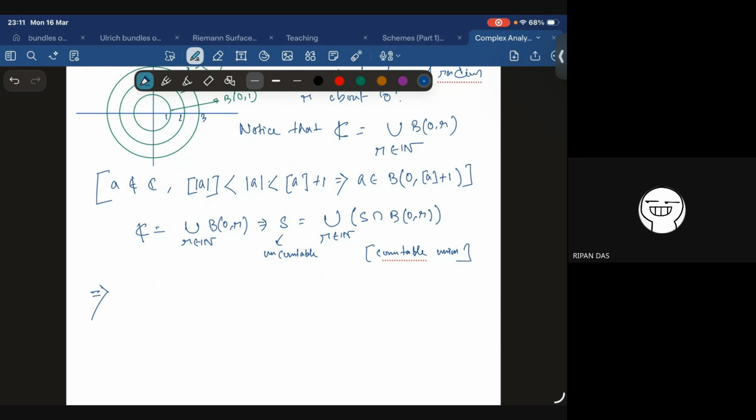So clearly, for at least one R belongs to natural numbers, say R naught, S intersection B0R naught is uncountable. Because if for every R, S intersection B0R is countable, then S becomes a countable union of countable sets, which is countable. Clear?